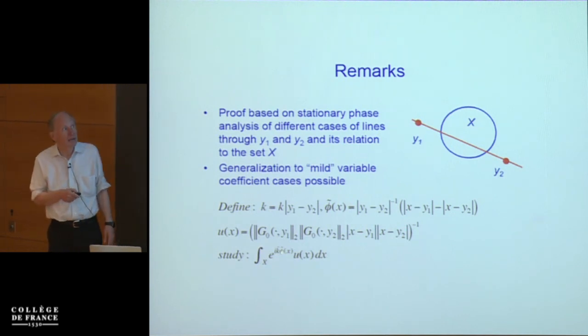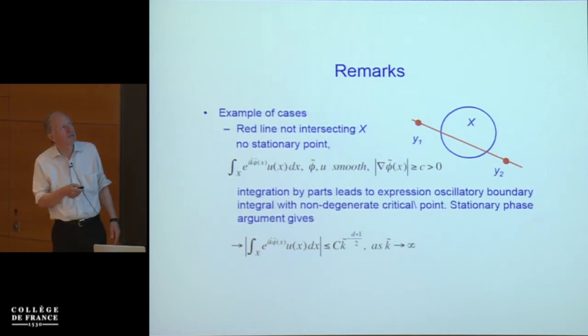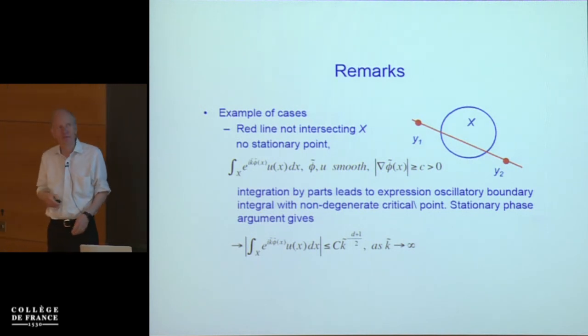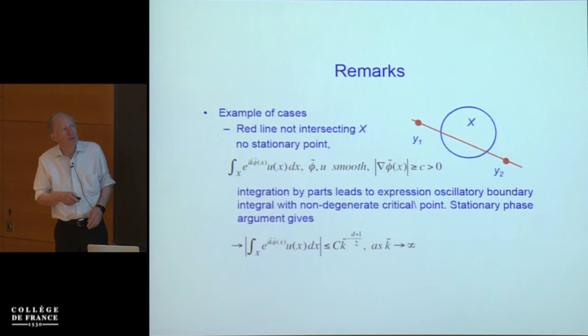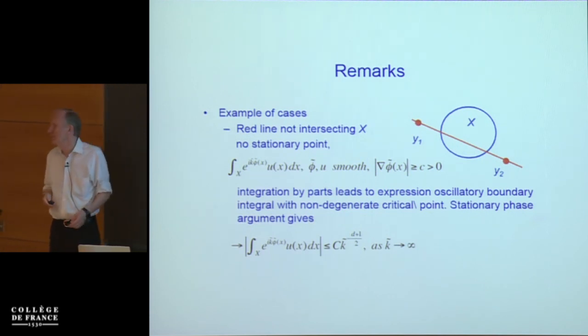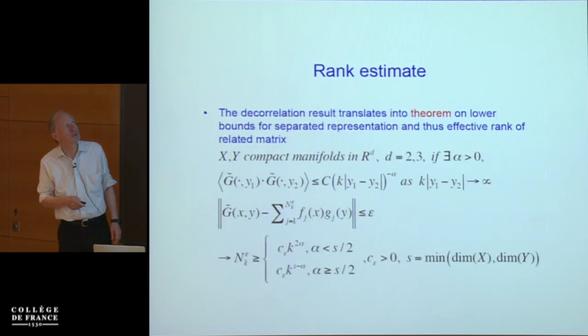There, if you have the setup over here, there is no stationary point, so you can integrate by parts once and you get out the k term, and then you can use a stationary phase argument on the boundary integral, which actually comes in there. So with this approach, you have to go through all these cases, and it turns out you get this estimate in the end.